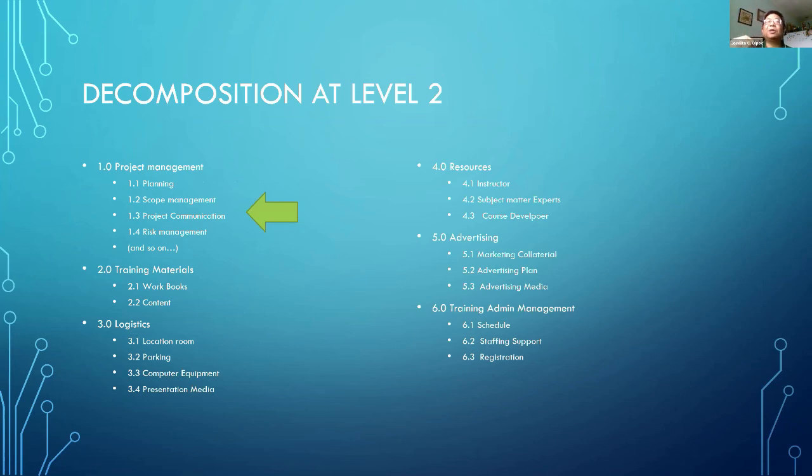That's correct, because the training plan may be considered part of the training resources. So here is a decomposition. Take note though that at this level, may mga iba pa na pwede mo pang i-break down.